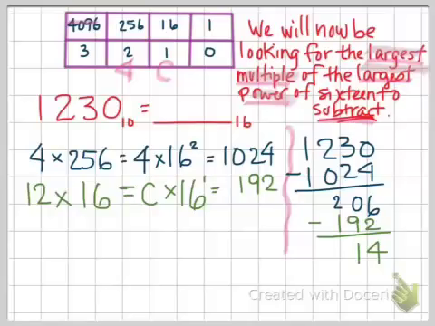And now we get to the easiest one of all, because 16 to the 0th power is 1. So we ask how many multiples of 1 are in 14, and of course that's 14. But we remember that we can't skip any powers of 16, so we have 16 to the 0th, to the 1st, and to the 2nd as we go up there.